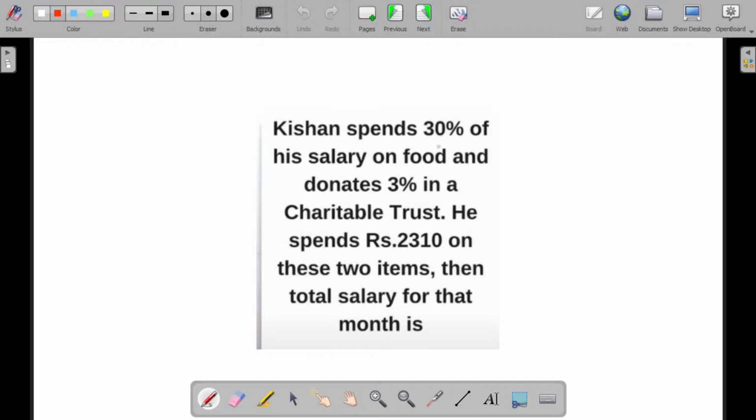Siddhant has mentioned 7,000. Please solve it and mention it in the chat box.